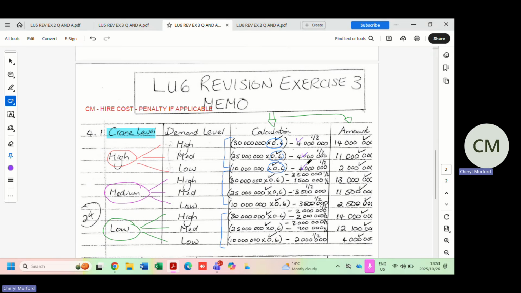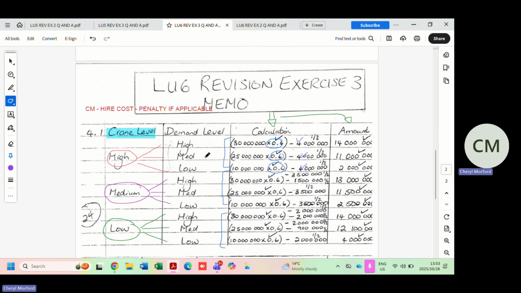Now, let's see if there is ever going to be a possibility of a penalty. And remember that we only incur this extra cost if the size equipment we have hired is too small to satisfy demand.